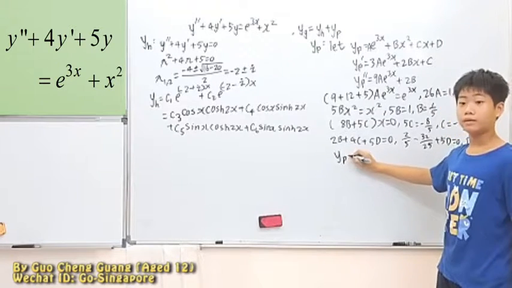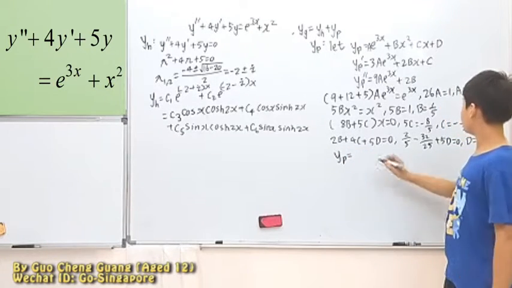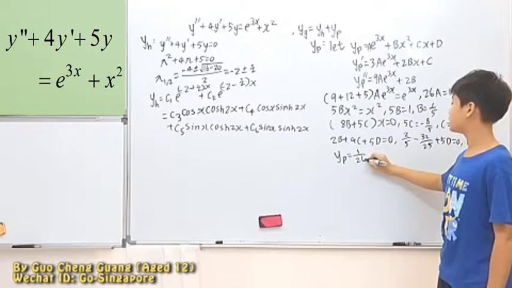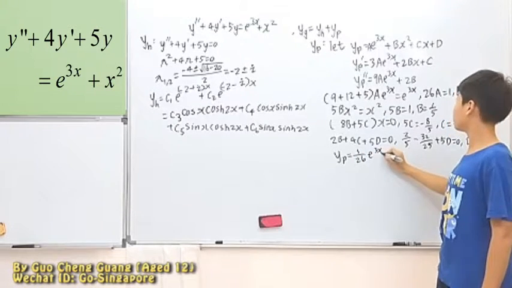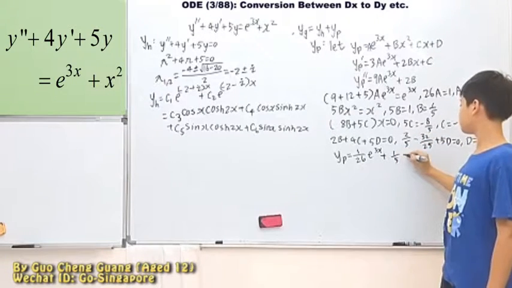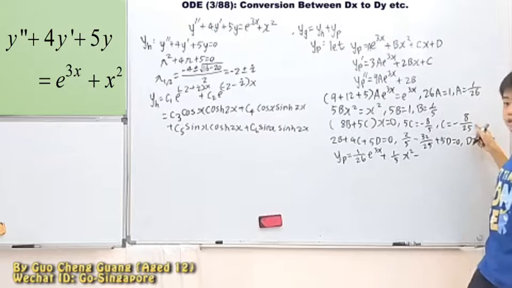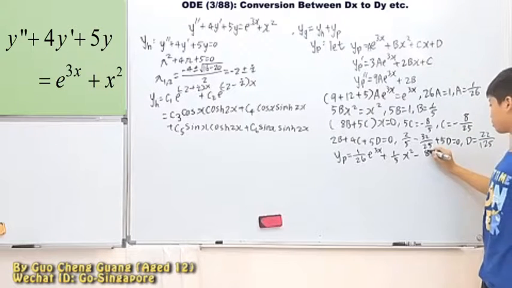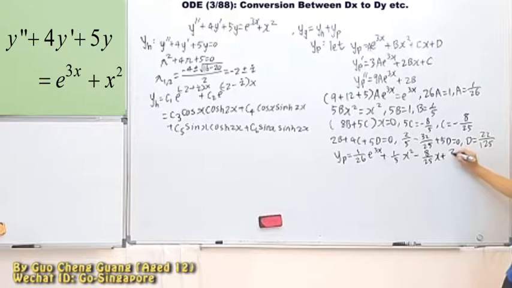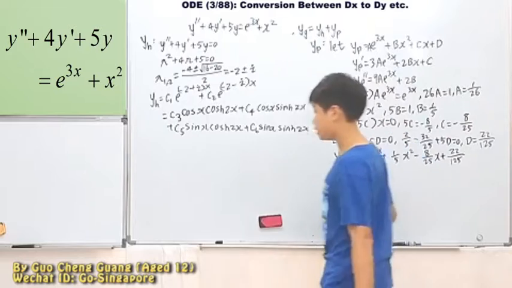So then yp will be, okay, a is 1 over 26, then b is 1 over 5, then c is negative 8 over 25, then d is here. Now this is what you get for yp.